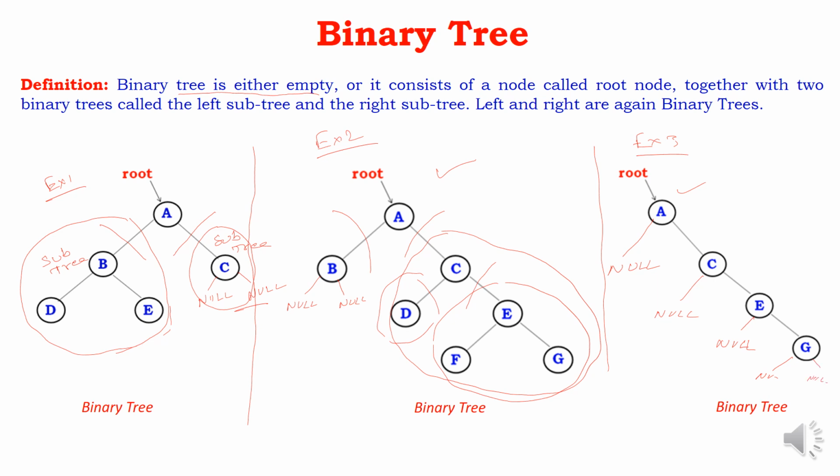So G is a leaf node, A is the root node, A has a left subtree and a right subtree. Left may be null. Maybe you can call it a binary tree because the definition itself tells that a binary tree is either empty or consists of a node called the root node together with a left subtree and right subtree. So this also you can call a binary tree where it is the root node. Left side there is a left subtree, right side there is a right subtree. It forms a binary tree.